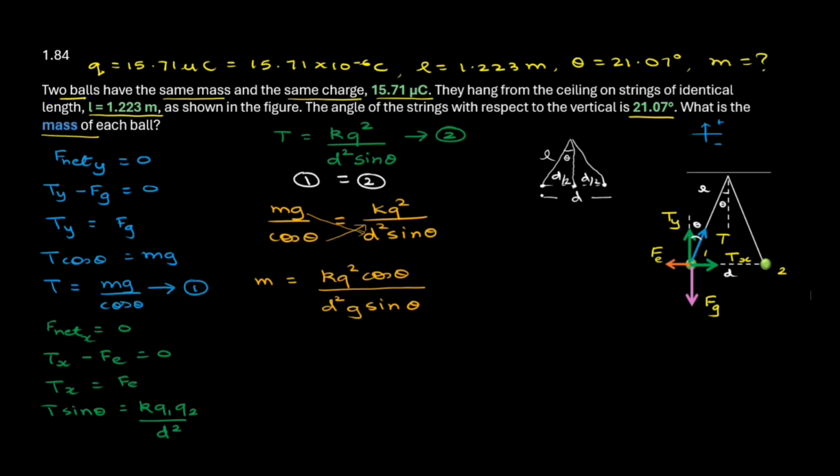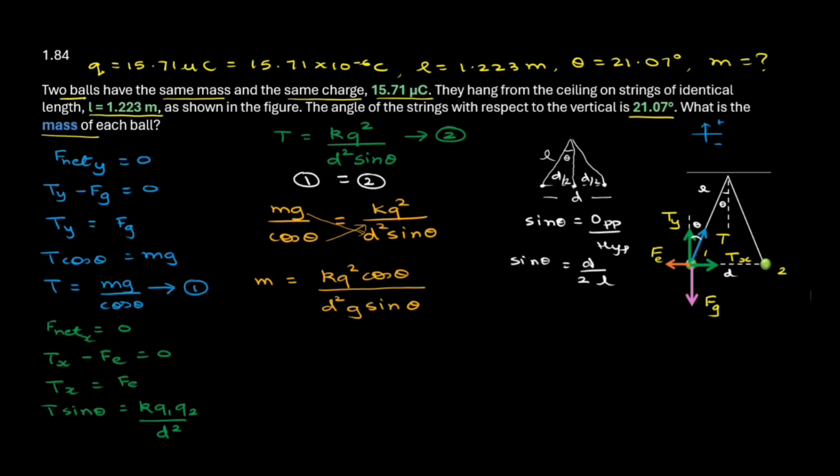This is the length L of the string. Now from the figure we can notice the angle theta is opposite to the side d by 2. And if you have an opposite side, I can relate that to theta using sine of the angle theta. We know that sine theta is equal to opposite over the hypotenuse. Opposite side here is d by 2. Hypotenuse is the length of the string.